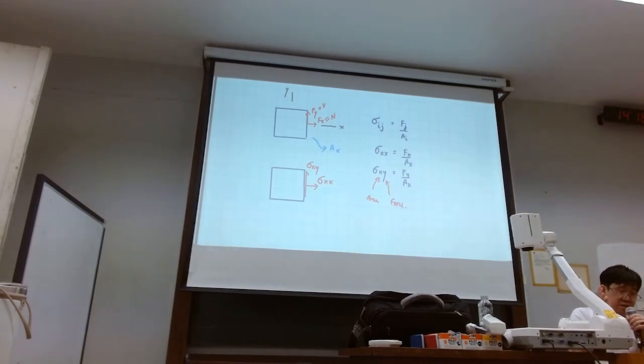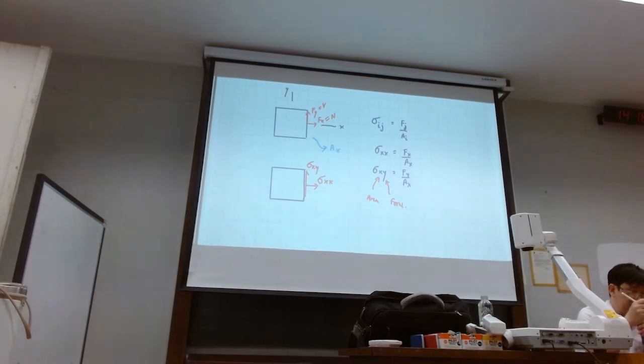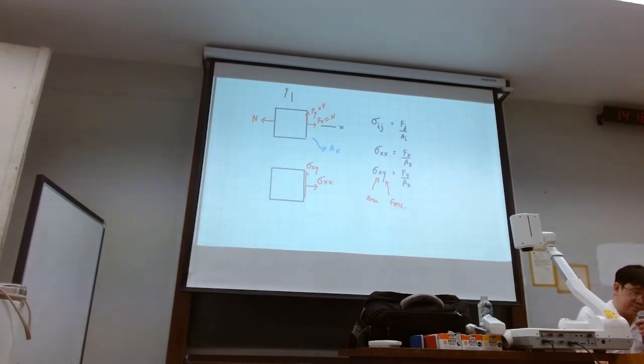Now, usually, if you understand the concept, the force has to be in balance. It means that if you have N on the right-hand side, your N has to be on this side as well. If you have V going up on the right, to have it balanced, you should have the shear force going down as well.